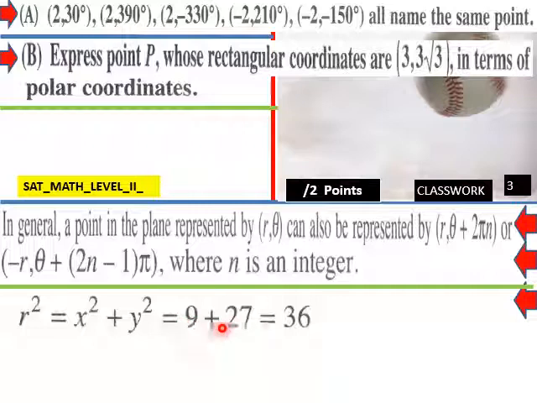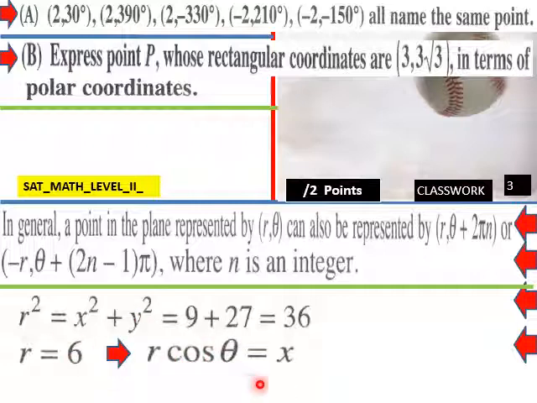So x squared plus y squared equals r squared, you get 9 plus 27 equals 36, and then r would equal 6 in this situation. You would find r by using this formula, and you plug in your x and y and come up with 6.